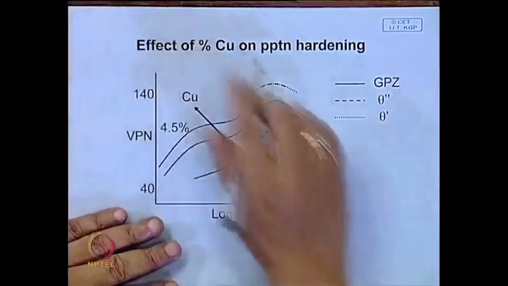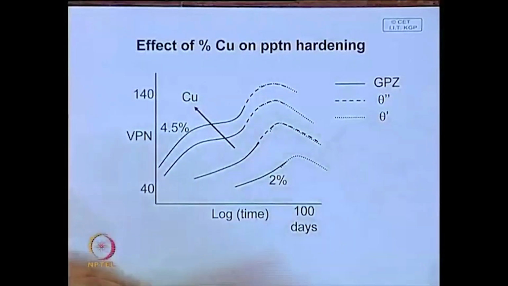Now, when this process of precipitation takes place, you have different types of precipitate forming in the matrix, and obviously, when this precipitate forms in the matrix, what will it do? It will make the process of deformation more difficult, because we have learned that metals deform by movement of dislocation.